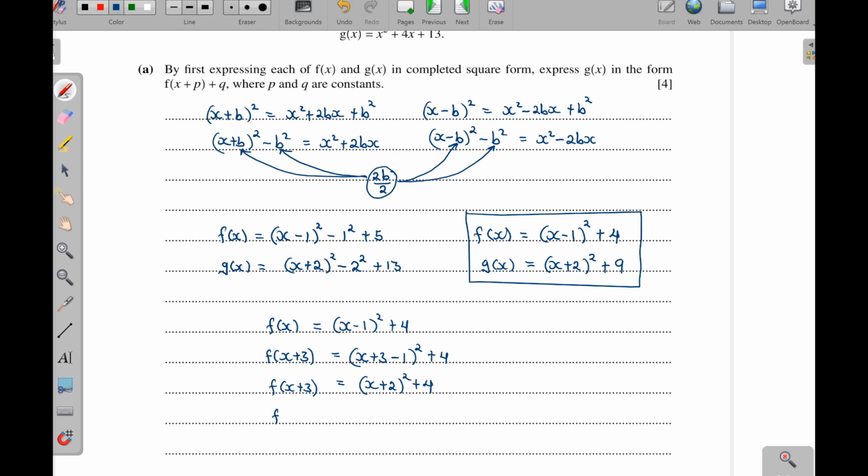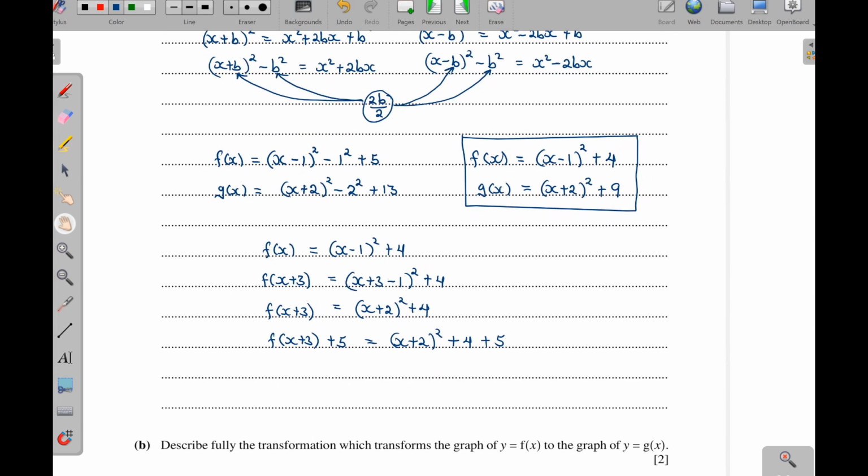So that means if we get f of x plus 3, and then you add a 5, then you will have this (x plus 2) squared, then plus 4, plus 5, not so. And then this f of x plus 3 plus 5 is giving you (x plus 2) squared plus 9.